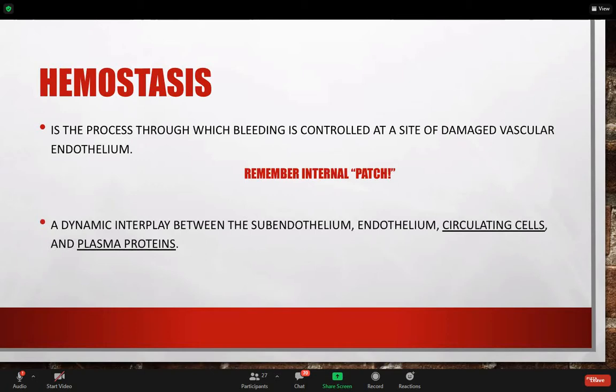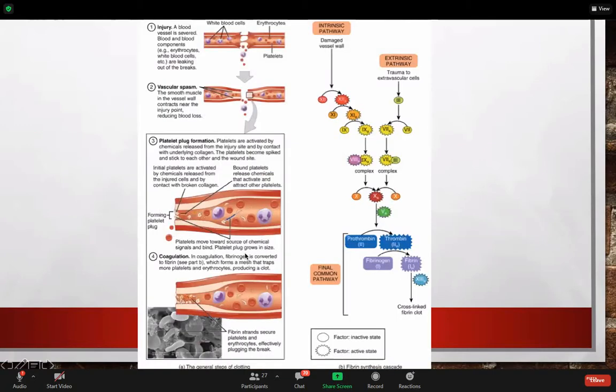But it's a really fine dynamic interplay between, first, the subendothelium, the endothelium, a circulating cell, as well as the plasma protein, okay? And this is just an illustration of what happens over there.